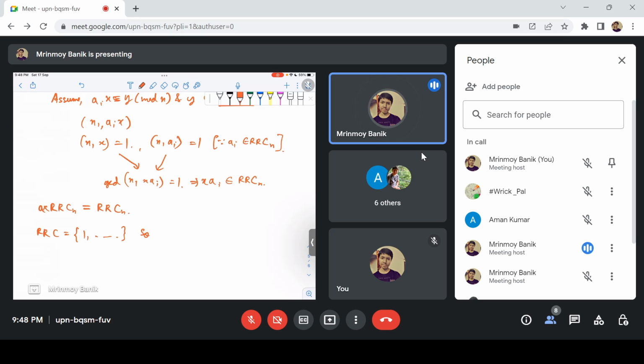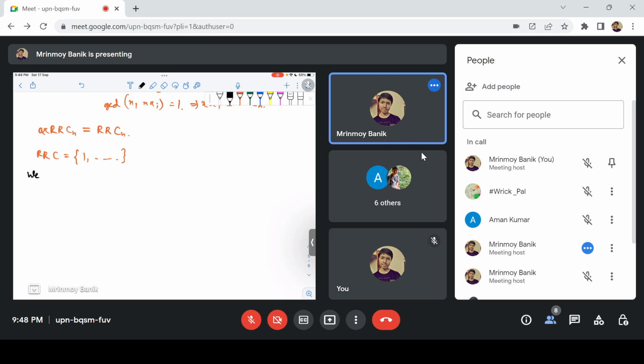So we just pick a_i such that a_i x is congruent to 1 mod n, and set y equal to a_i.